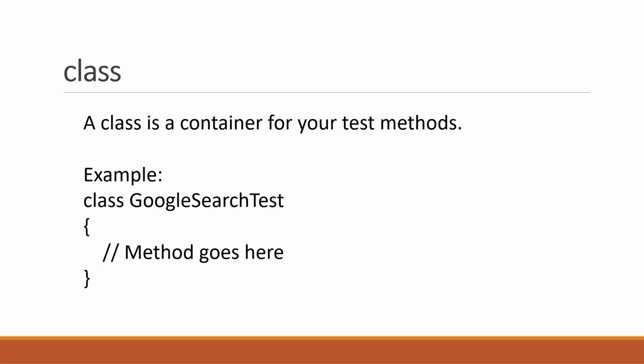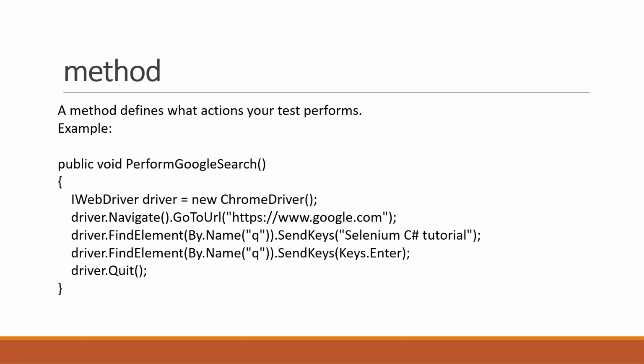And what is a method? A method defines what actions your test performs. That means the action is described in different steps. You can see one example here: PerformGoogleSearch is a method name, and in that method we can see opening a driver, passing the URL, entering the text to search, clicking the enter button, and quitting the driver.